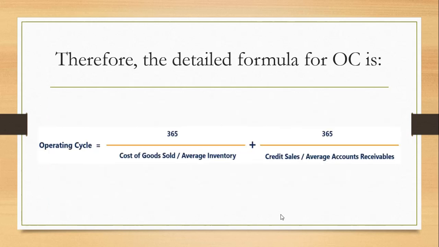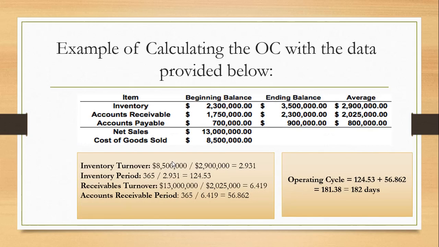So this is the long formula for the operation cycle: basically 36.5 divided by (cost of goods sold divided by average inventory) plus 36.5 divided by (credit sale divided by average account receivable).